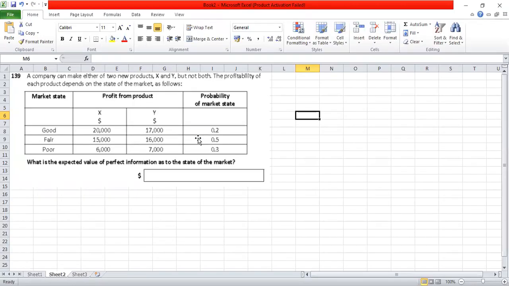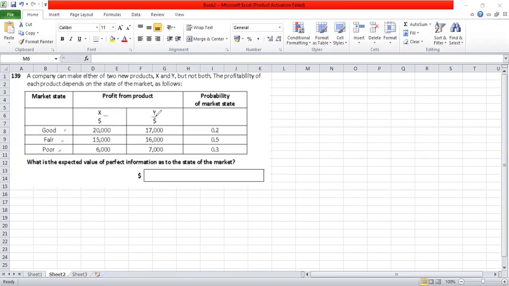If there is no information, what are the variables we have? The market state would be good, fair, or poor. These are the three things. Then there are two different products, X and Y. When we look at these products, which one is more profitable? If the market condition is good, X is more profitable.